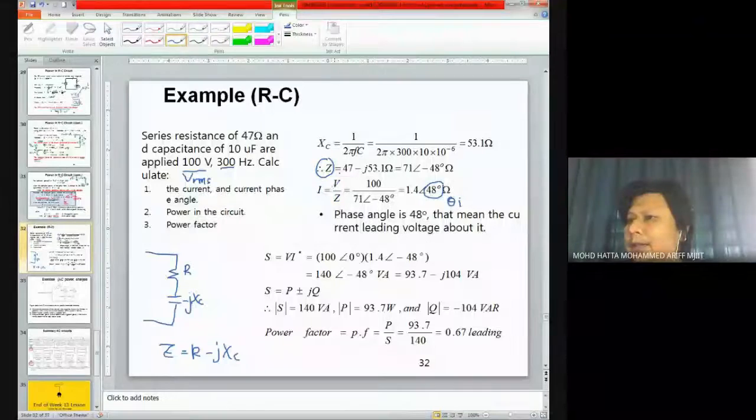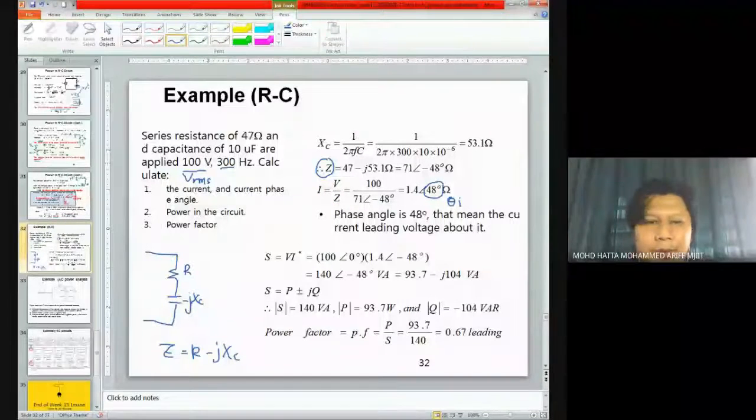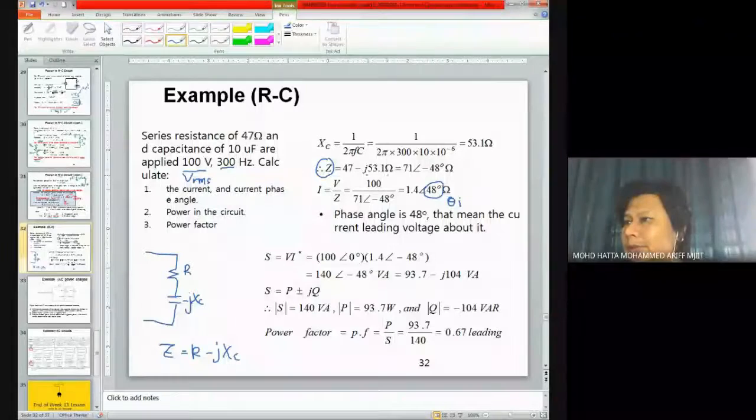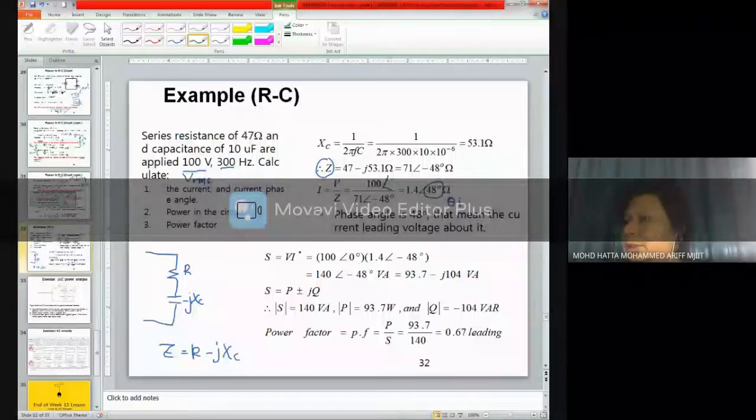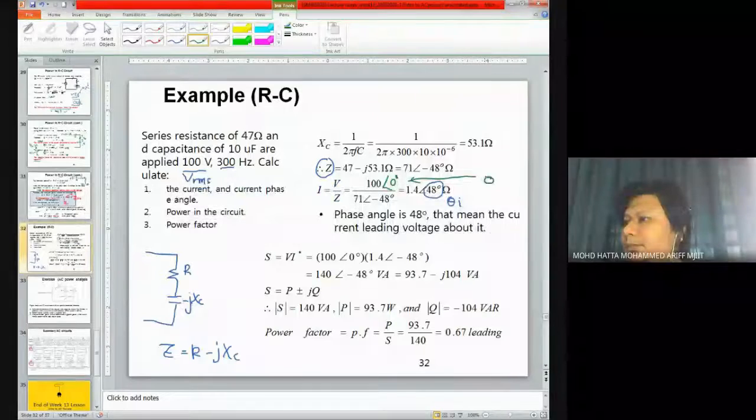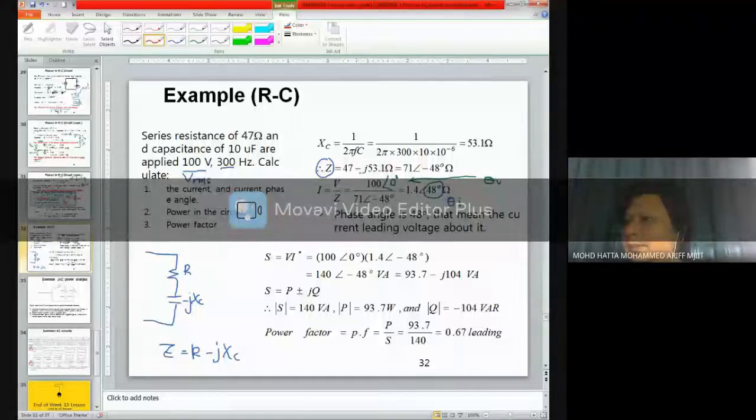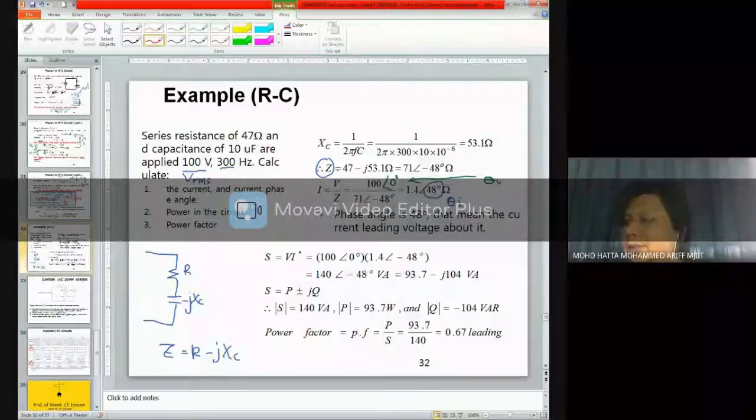Okay, and since we don't have any information on the voltage angle, we can assume that this voltage angle is given by 0 degrees. So this is the theta V. And earlier, when we tried to calculate our Z, we came across the rectangular form of Z. We have 47 minus, this is R value, minus JXC value.